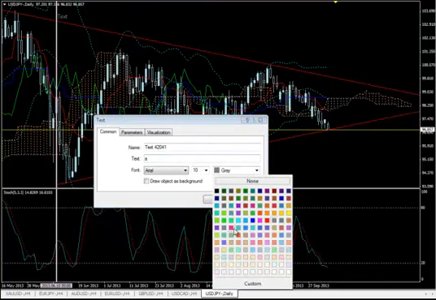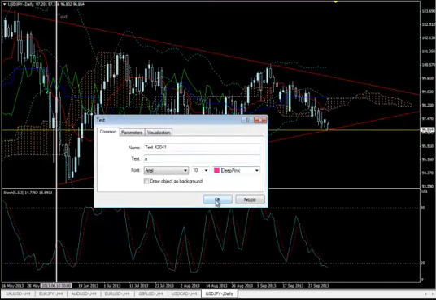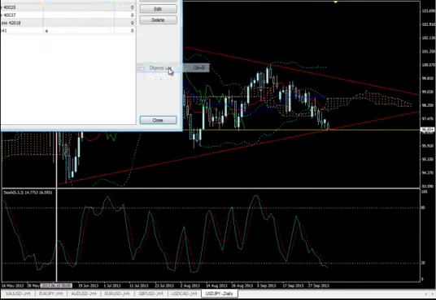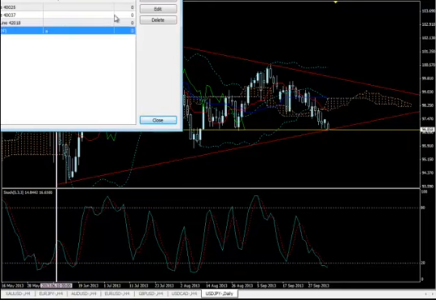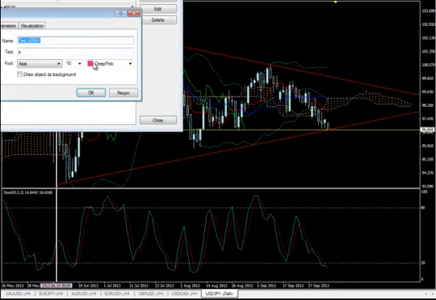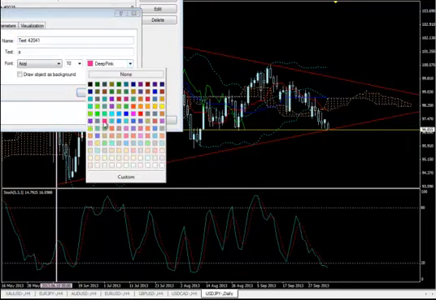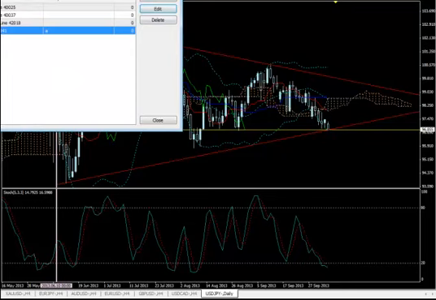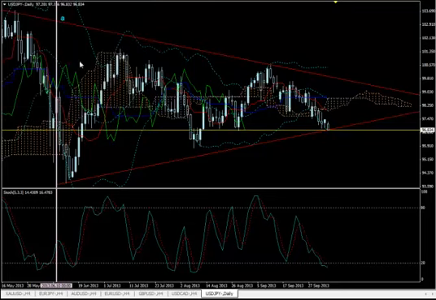Too small, sorry. So I'm going to use a brighter color and a bigger font. Better. So here is the point A, and here is the point B.